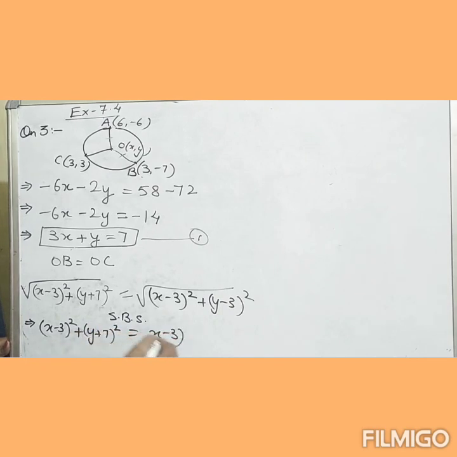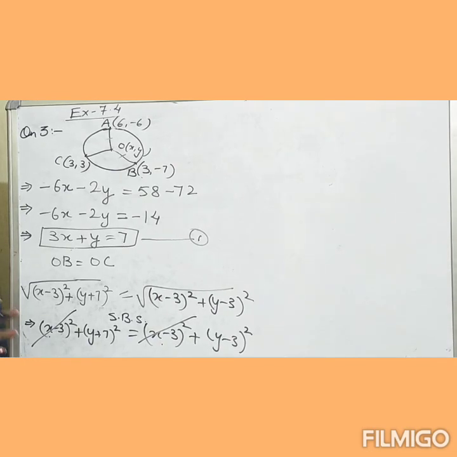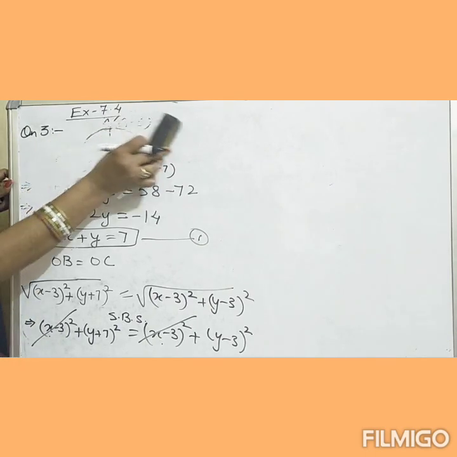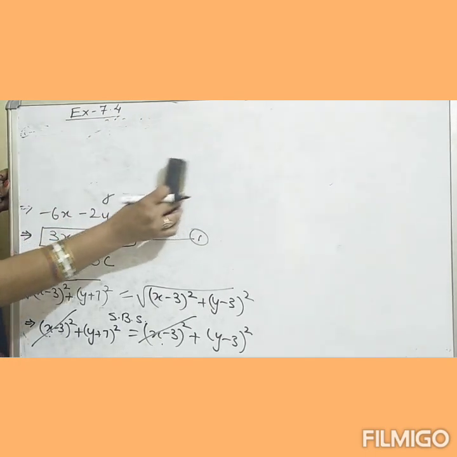This is x minus 3 whole square and y minus 3 whole square. So you can see here easily a single term from this side and this side will cancel out each other. So you are left only with the equation which has only the y variable. So it's good news, you can get y easily from the second equation.